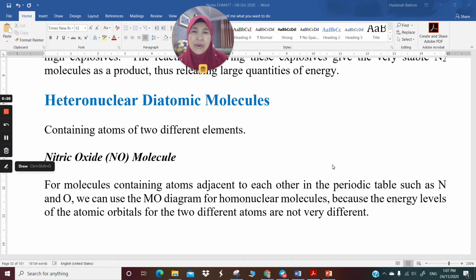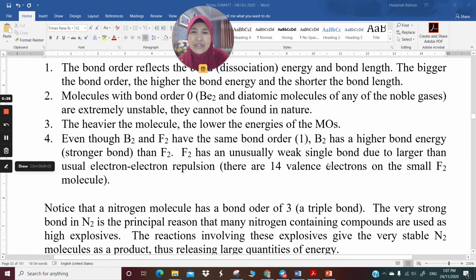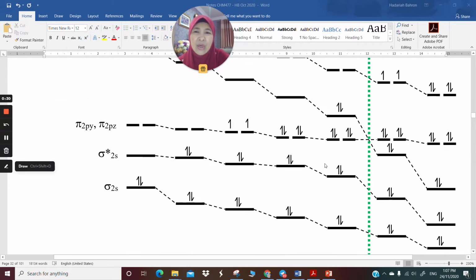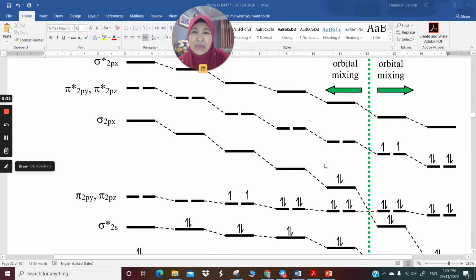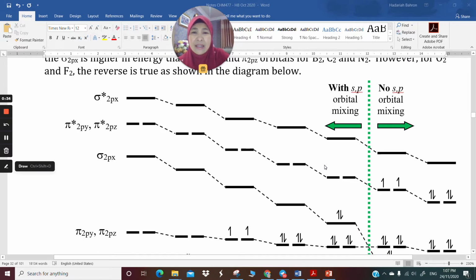As you can recall, in my lecture number 7 we went through homonuclear diatomic molecules, where the molecule has two atoms of the same type, that is homonuclear.